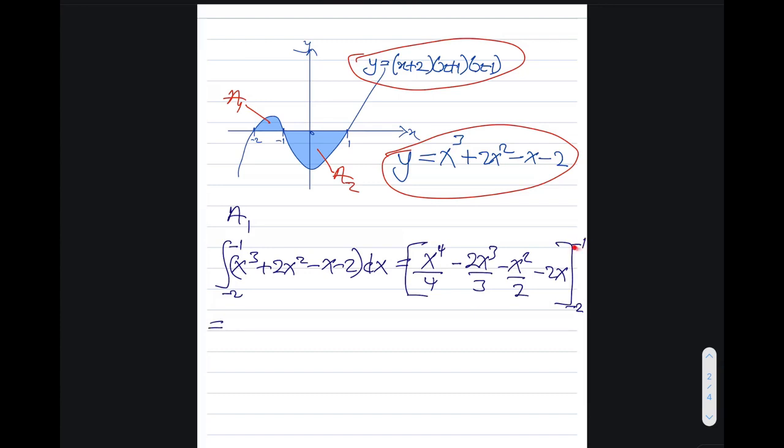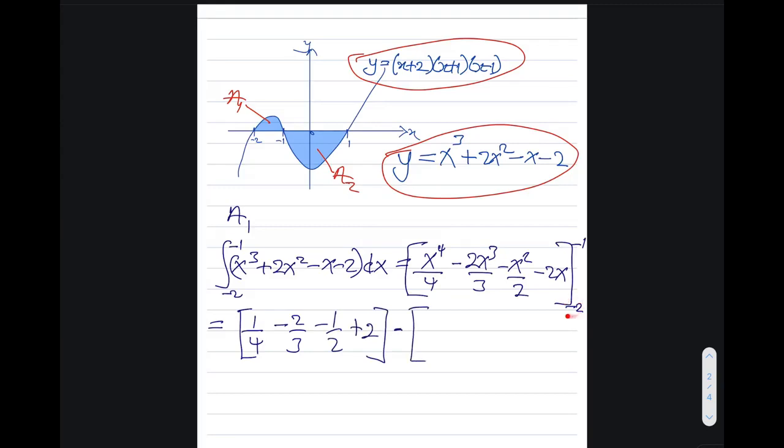At this juncture, we'll put -1 into all the x values. When we do that, we should expect 1/4 in the first case, followed by -2 on 3, followed by -1 on 2, plus 2, minus.